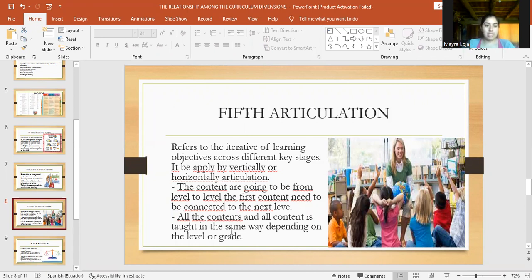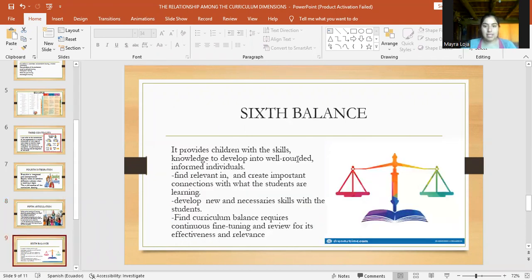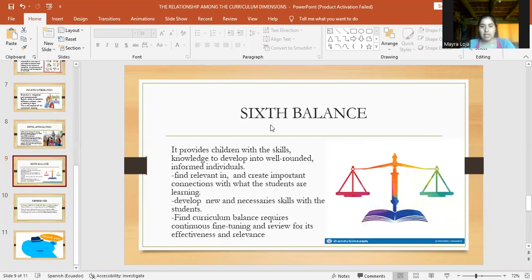And we have the last dimension, which is balance. Balance basically means finding and creating important connections with what the students are going to learn. Find specific information, only the important topics that are going to be useful for the students, not irrelevant things, only relevant things that are going to balance the knowledge of the students.